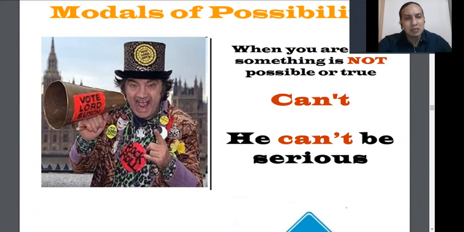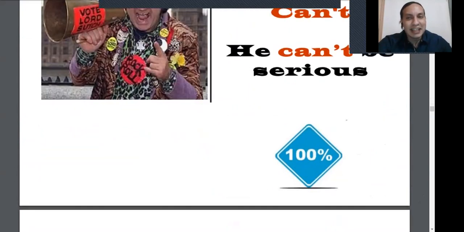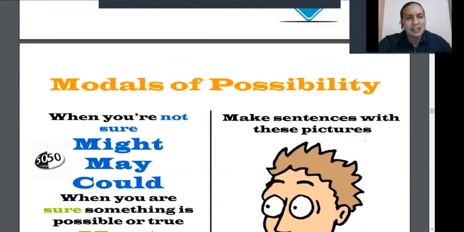He can't be serious. So the joking one didn't make much sense because honestly, for somebody to be joking, they have to be funny. And in my opinion, nothing funny about that guy. But yes, I would say he can't be serious. He is ridiculous.